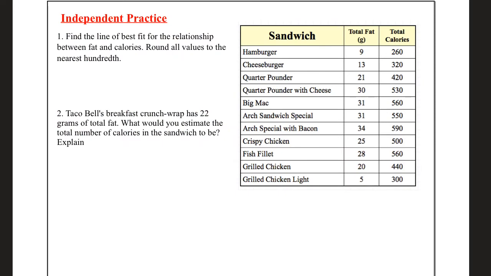All right, and for this table that we're given here, we're going to find the line of best fit using fat versus calories. Just for argument's sake, we'll kind of treat total fat as X and calories as Y, or like L1 and L2. Now, typing this into my calculator, once again, anytime you enter data in, you want to make sure you're not missing anything. You didn't hit a button by accident, because obviously that's only going to lead to a mistake.